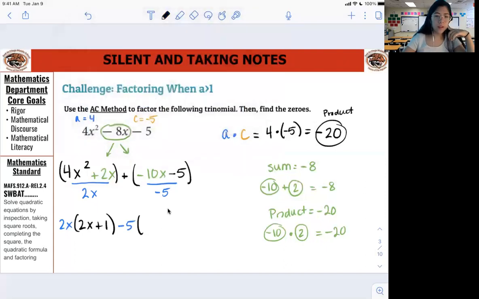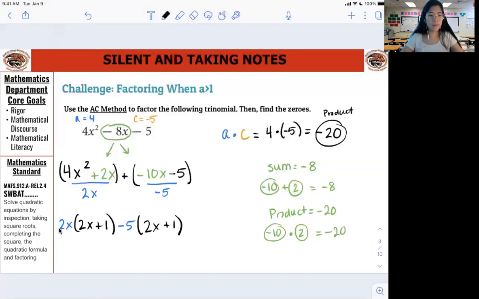What would -10x divided by -5? Careful, what's 10 divided by 5? 2. So positive 2x. And -5 divided by itself? Positive 1.